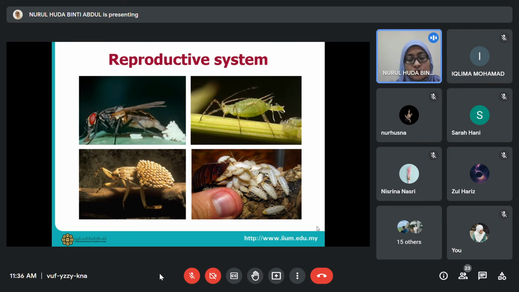Okay, it produces offspring. I don't think this one is parthenogenesis. Sorry, this one is actually ovoviviparity. Okay, producing eggs and hatch inside the body, and then later on will give birth as another offspring.